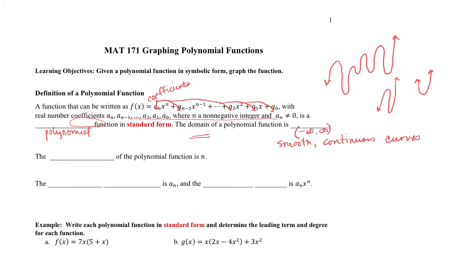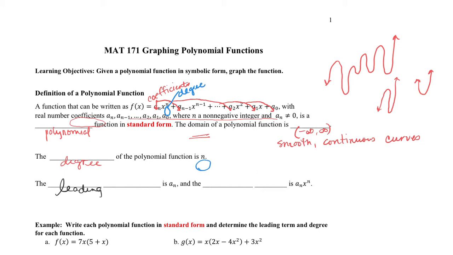The degree of the polynomial function is n. So when I go back to the standard form here, my degree is n. So if I want to know what degree this polynomial function is, if the first term is something like 7x to the 32nd power, the degree of the polynomial is 32. The leading coefficient, so we'll go through a lot of vocabulary here.